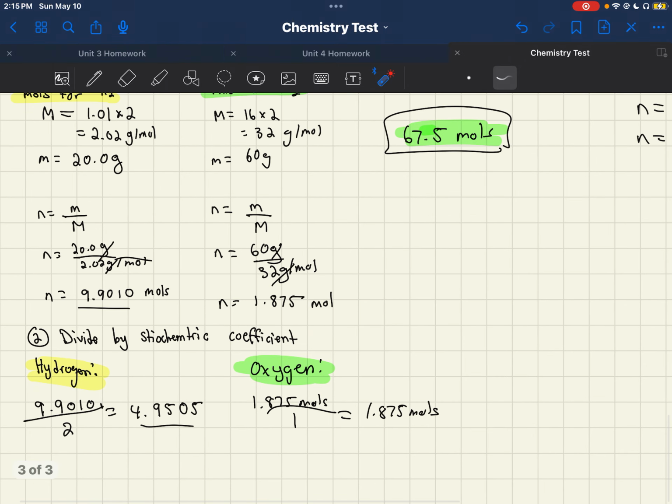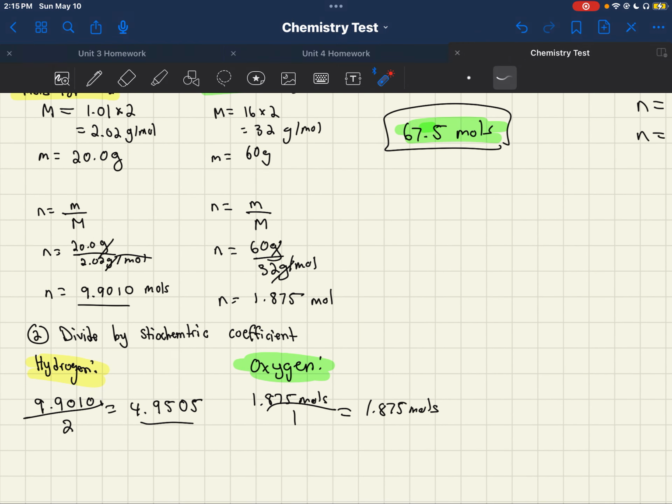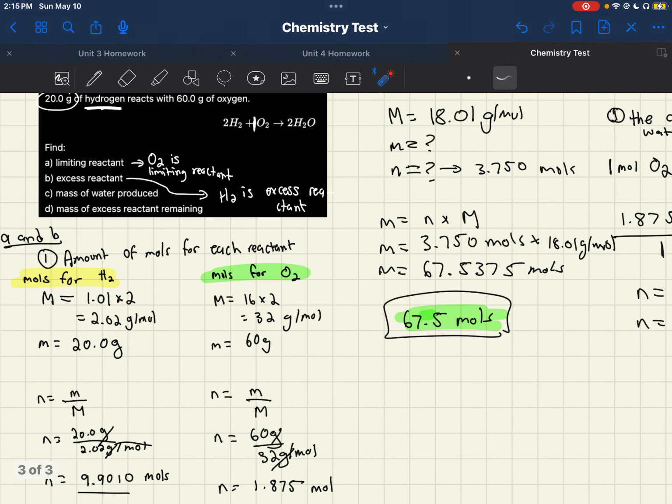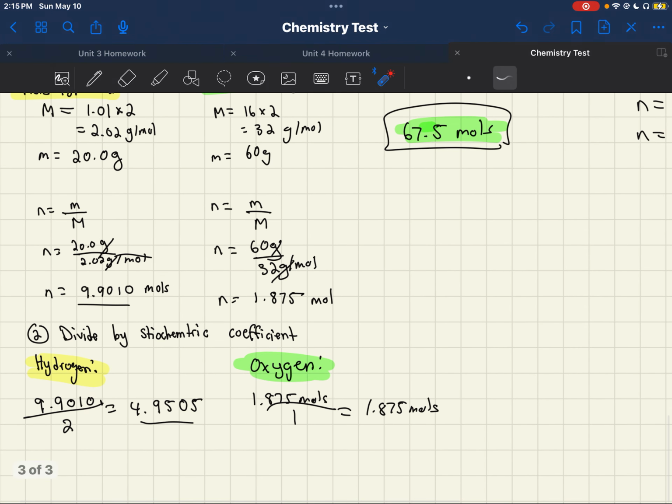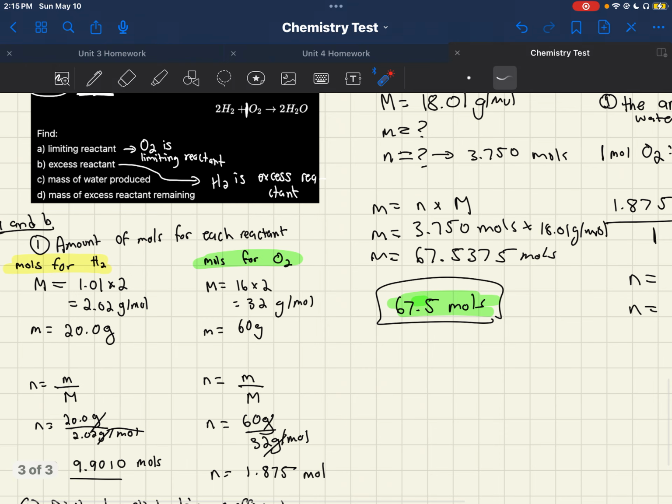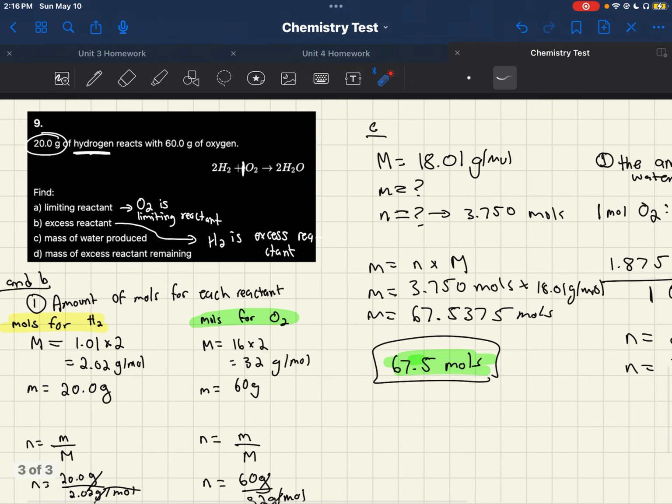And then the other reactants are your excess reactants because they don't run out once the limiting reactant runs out. So there's going to be some excess amount of them after the chemical reaction finishes. Hope this helped.